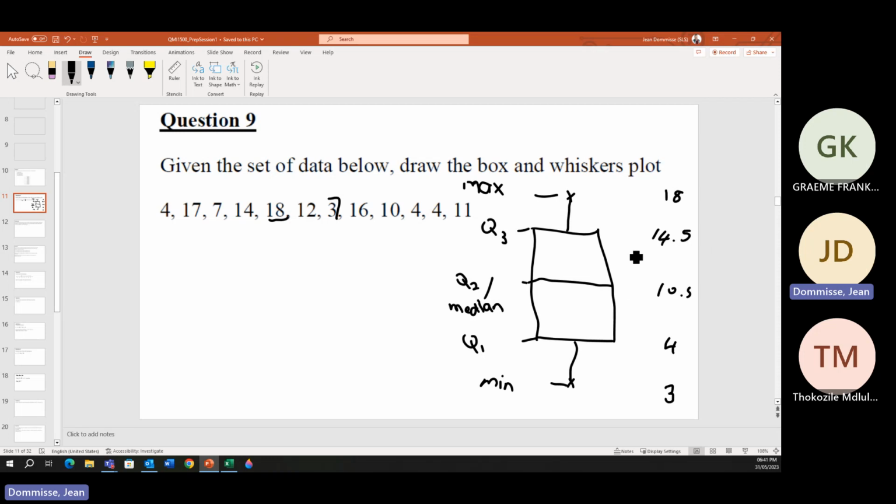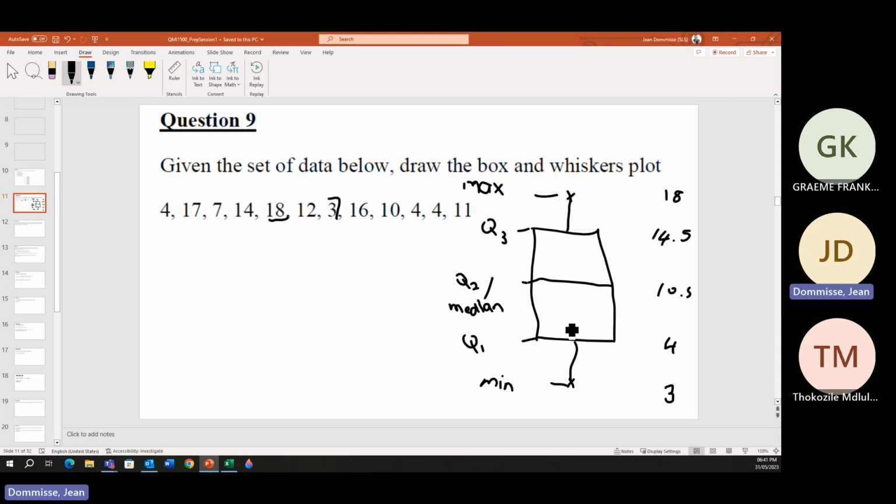So again, they can't ask you to plot the data, but they can give you a few box and whisker plots and say to you, okay, here's the data, here are 4 or 5 box and whisker plots, select the one that represents the data.